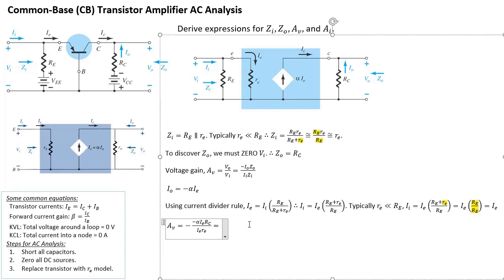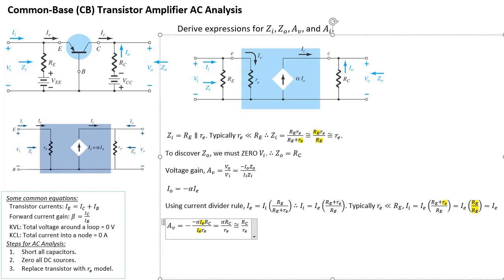And of course, IE will cancel out because they exist both top and bottom. What's left is just positive alpha times RC divided by little re. Then typically, since alpha is approximately 1, you can approximate that to be simply RC divided by little re.